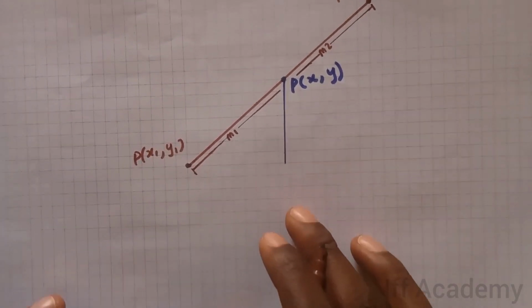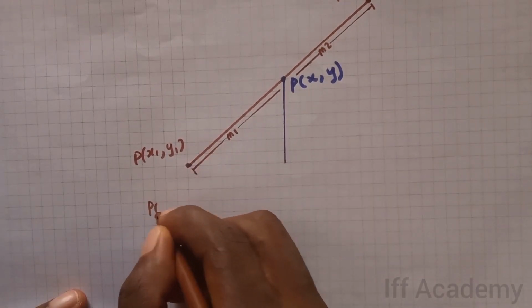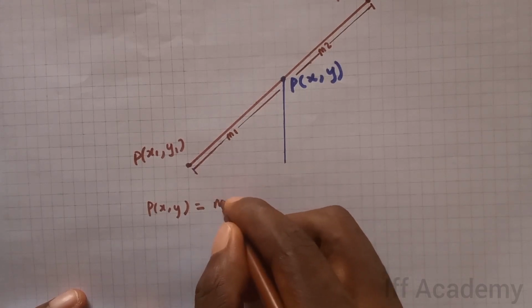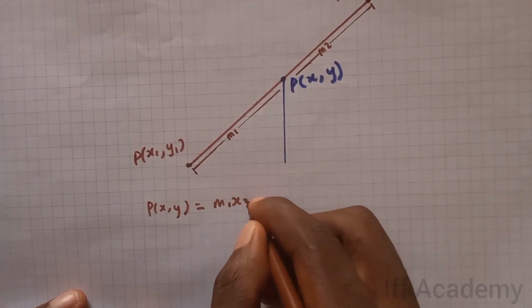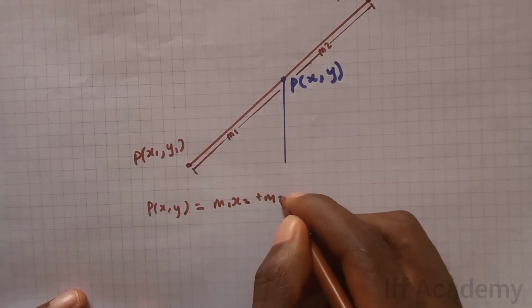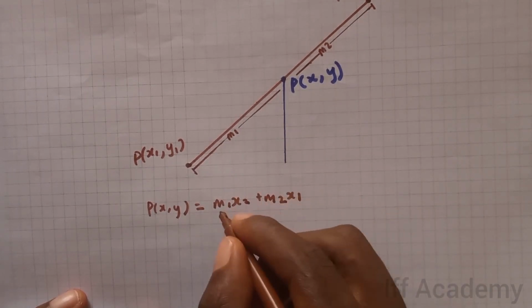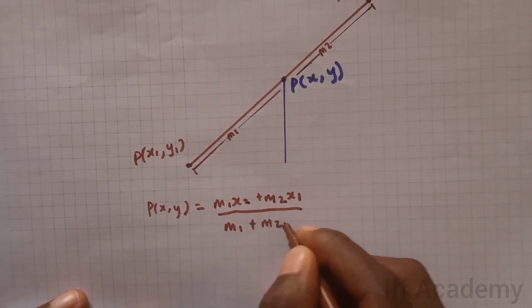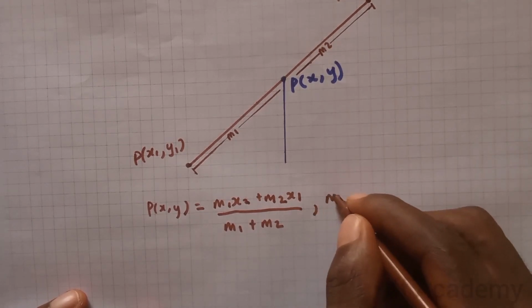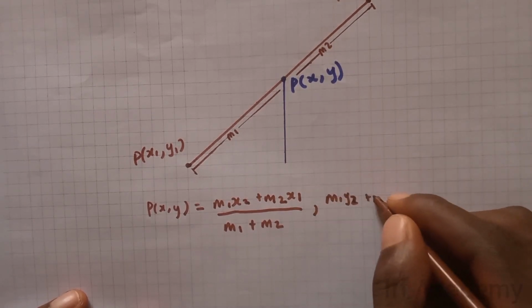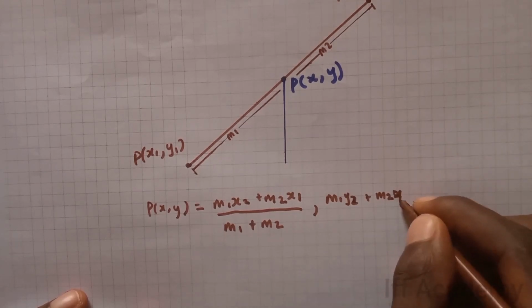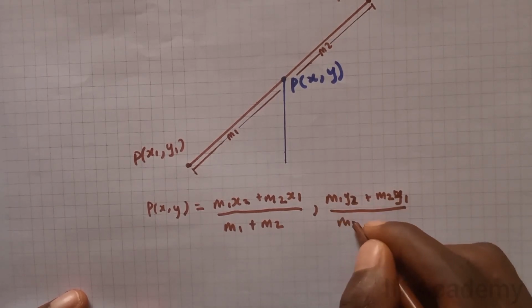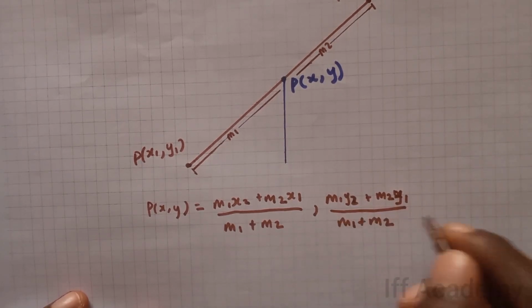So the point P(x, y) would be equal to (m1 x2 plus m2 x1) over (m1 plus m2), comma, (m1 y2 plus m2 y1) over (m1 plus m2).